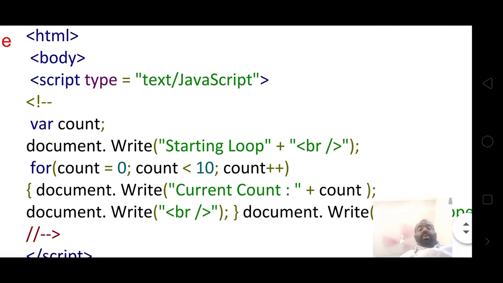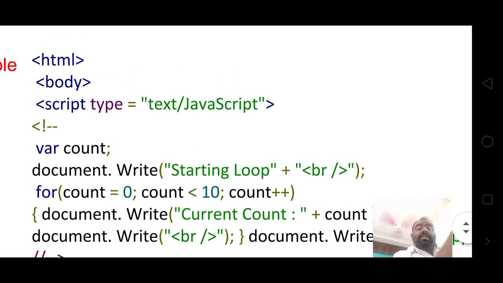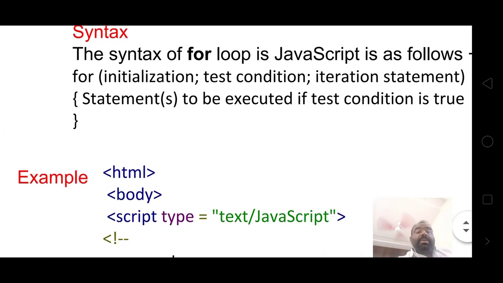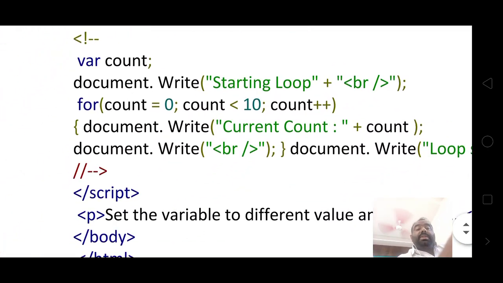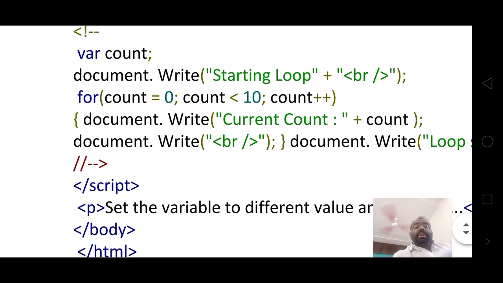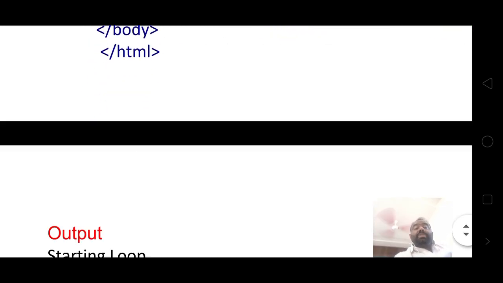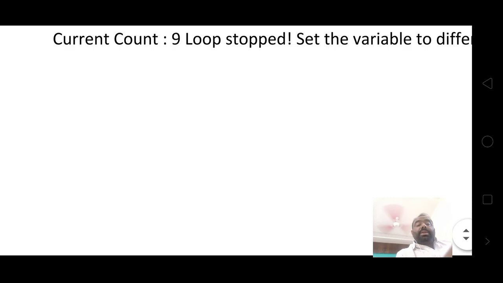Then count plus plus, or increment, is the iteration statement. In a single for loop, initialization, condition and iteration, all three will be included. Then that will be executed and you get the result here.